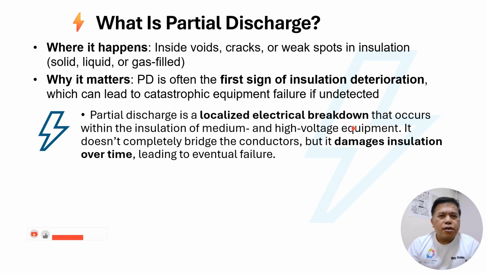So partial discharge is a localized electrical breakdown that occurs within the insulation of medium and high voltage equipment. It doesn't completely break the conductor, but it damages the insulation over time, leading to eventual failure. So remember this.